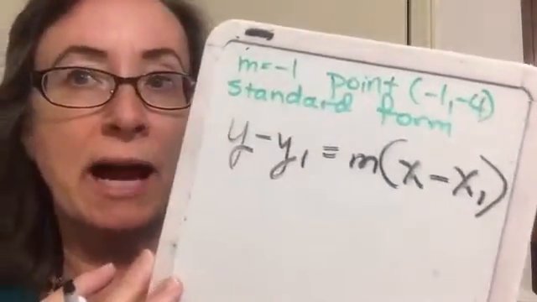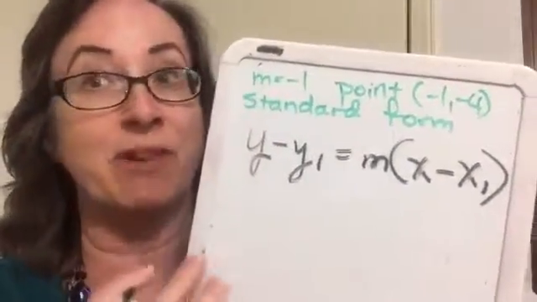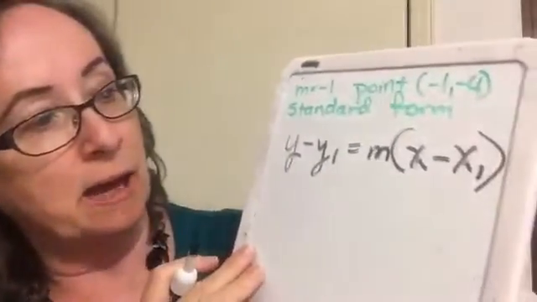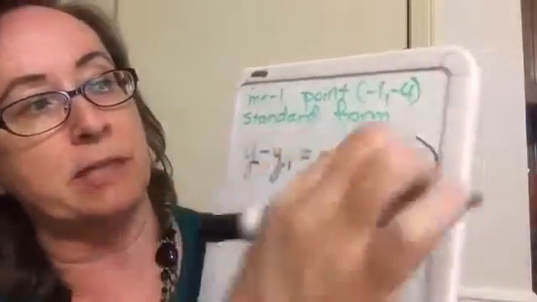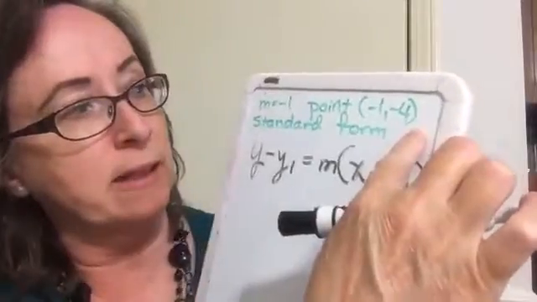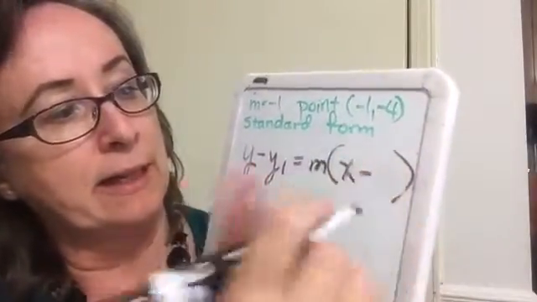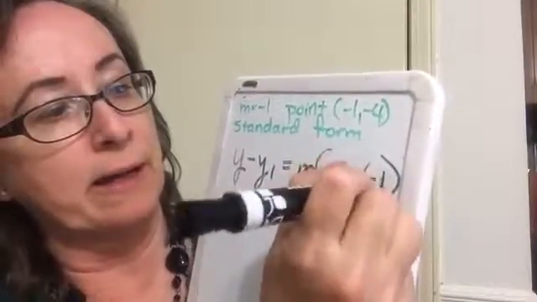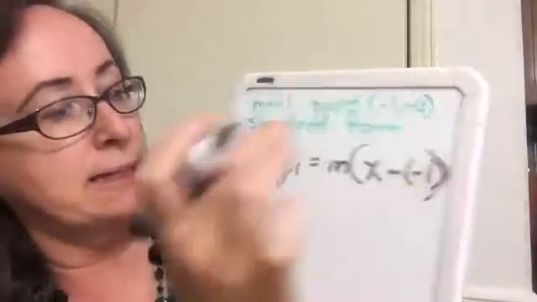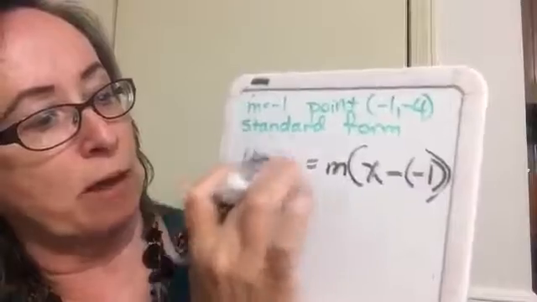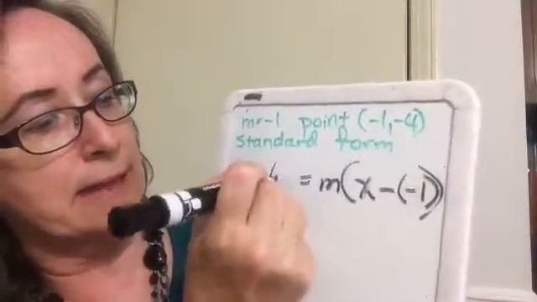And remember, we derived that form of the line from the slope formula. So now we're going to substitute in our particular point. x is -1, so we'll put the particular x here, -1. And then y is -4, so we'll put our y1 here as -4.